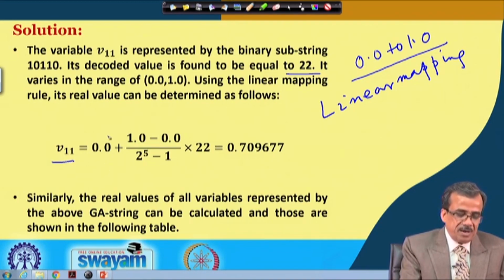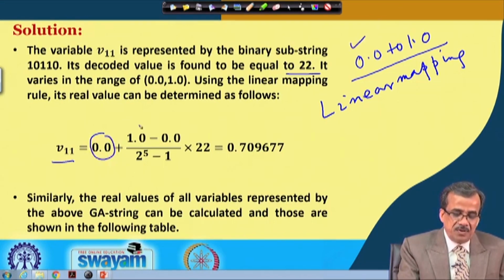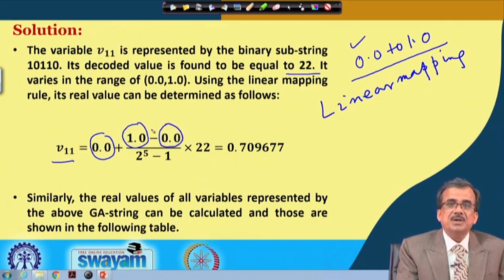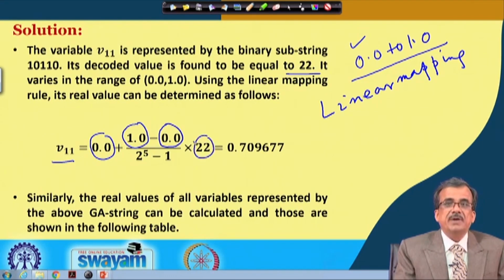V11 is nothing but V11 minimum, that is 0.0, plus V11 maximum, that is 1.0, minus V11 minimum, that is 0.0, divided by 2 raised to the power L, where L is the number of bits used, that is 2 raised to the power 5, minus 1, multiplied by the decoded value.